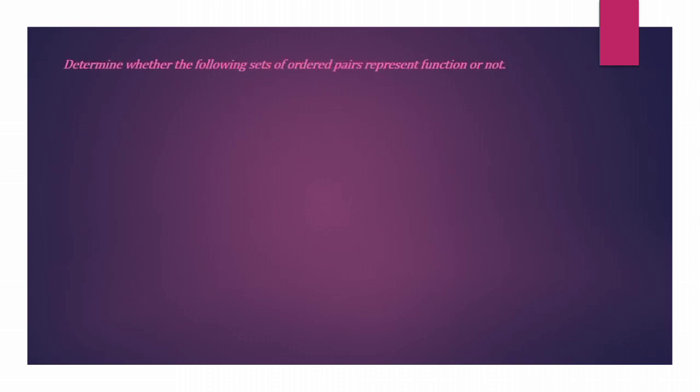So now I'm sure that you have understood already about the different representations and how to determine whether the given is a function or not. So I want you to answer the following. Determine whether the following sets of ordered pairs represent a function or not.